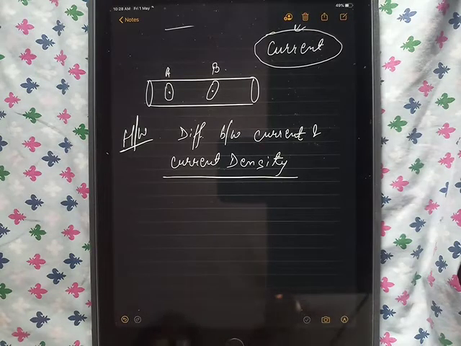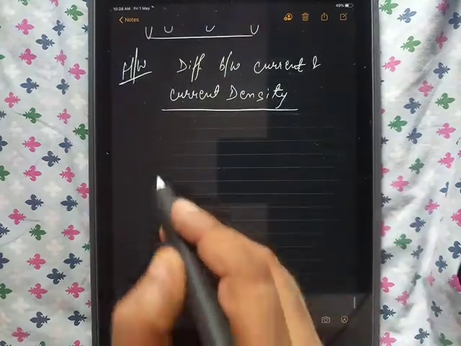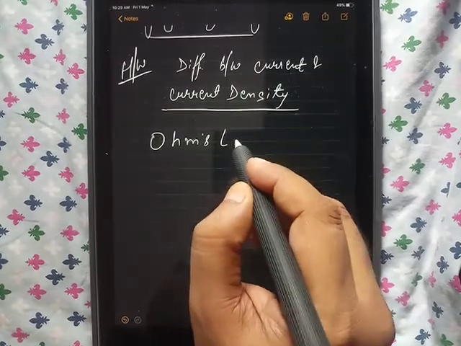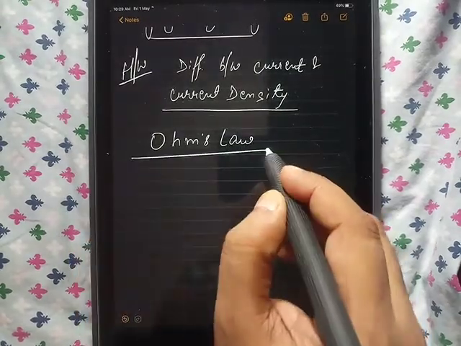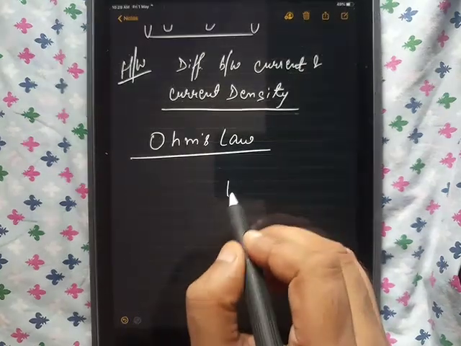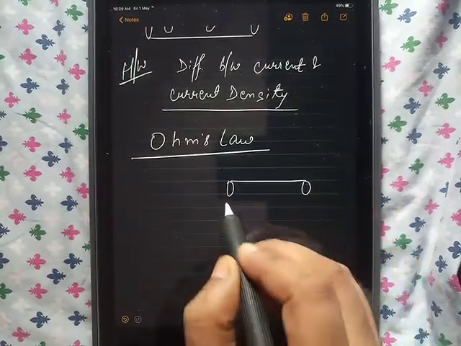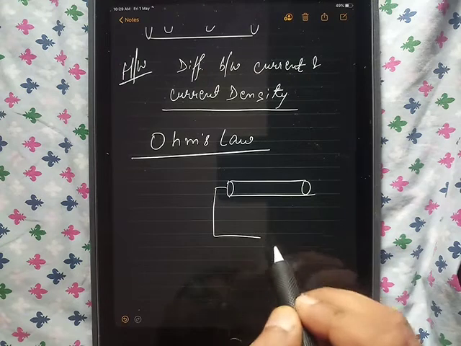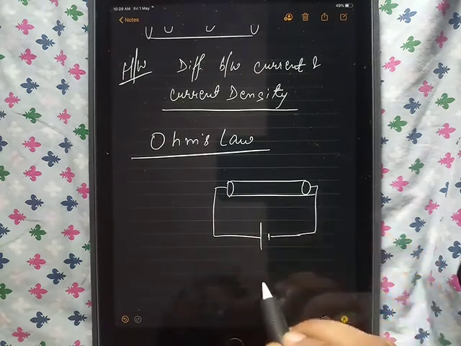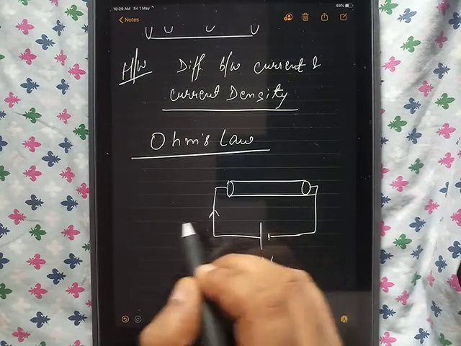Let's move ahead. Today we are going to discuss a new topic, Ohm's law. We have already studied Ohm's law. Suppose this is a conductor. Let this conductor be connected to a cell of potential V. Let current I flow through the conductor.